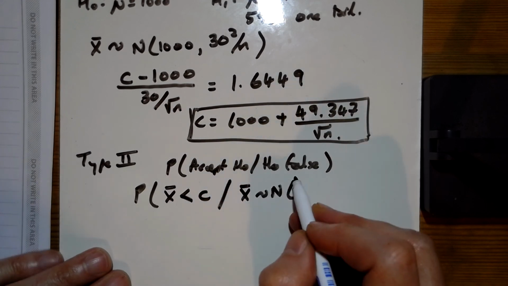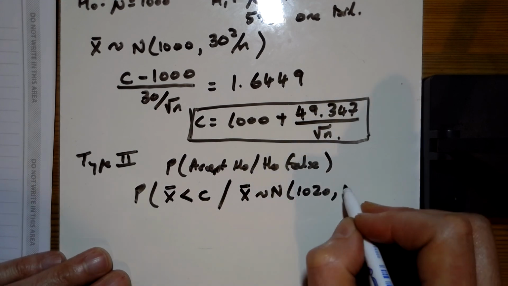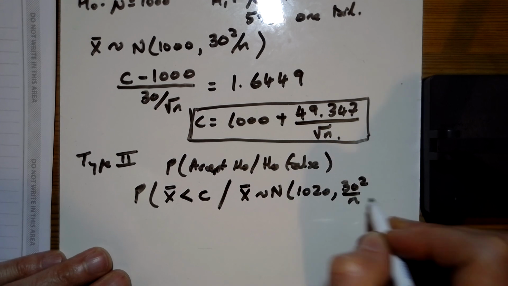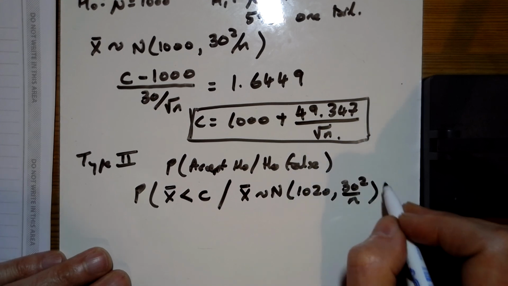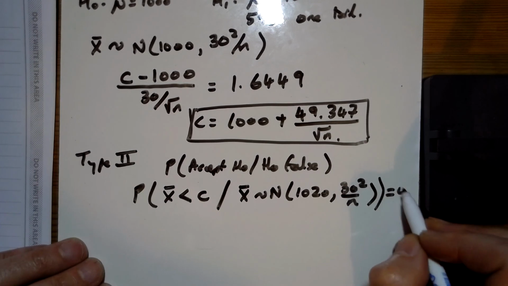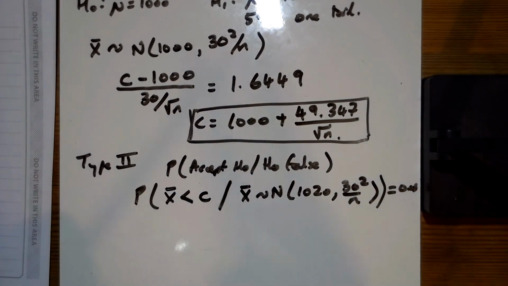It's false, so they're telling us that it's 1020, and then here we've got 30 squared over n there. I think that's what we've got, and we know that that is equal to 0.005.